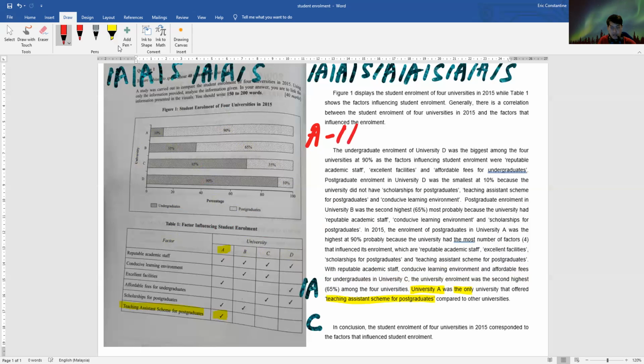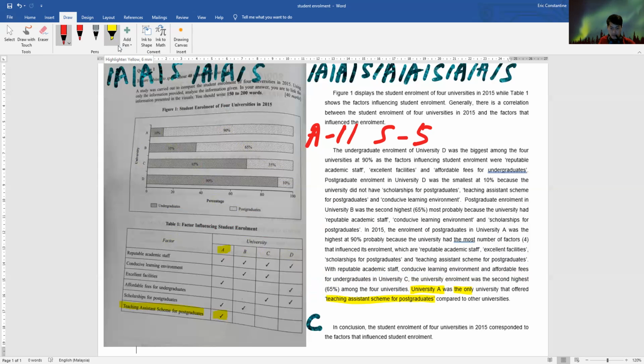So I have 11 analysis. How many S do I have here? 1, 2, 3, 4, 5. So S I have 5. 5 analysis, 5 synthesis. So I have 11 analysis and 5 synthesis.